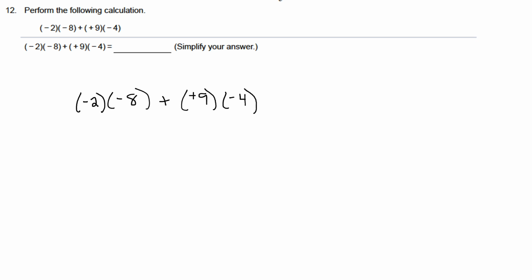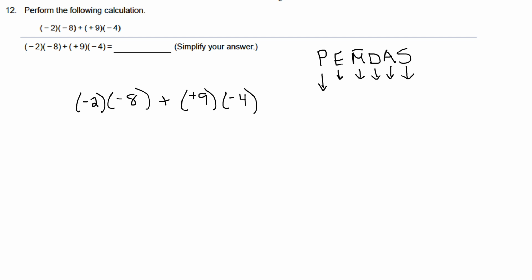To solve this problem, I need to follow the order of operations, which is PEMDAS. If you know this acronym, you'll be able to follow the order of operations. The P stands for parentheses, E is exponent, M is multiplication, D is division, A is addition, and S is subtraction.